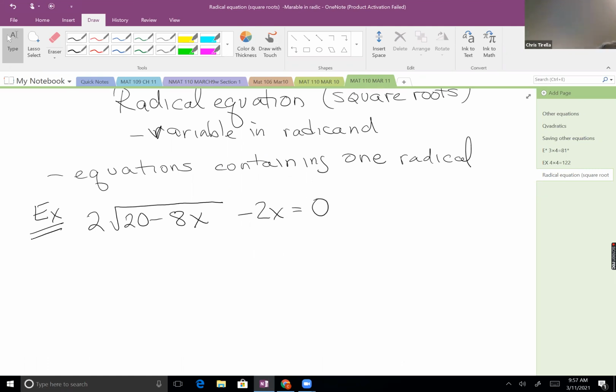When we solve an equation that looks like this, the first thing that we want to do is isolate the radical. And again, that's a fancy way of saying get the square root alone on one side of the equation.